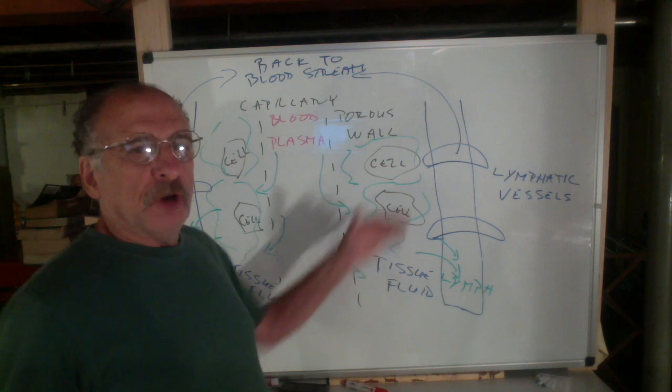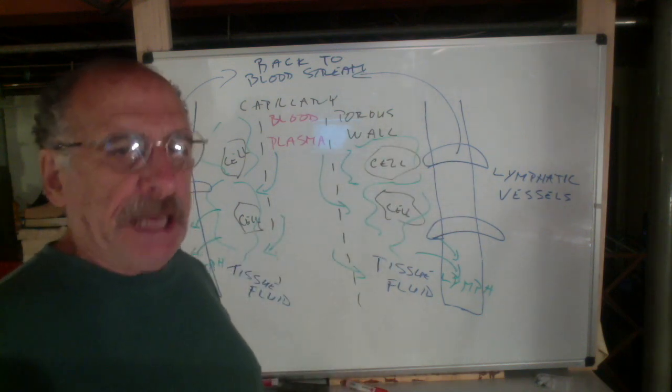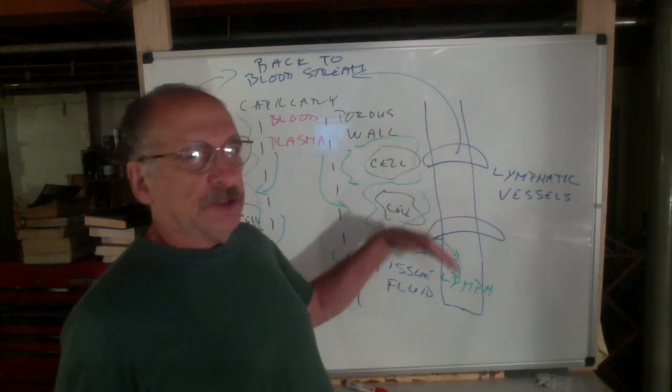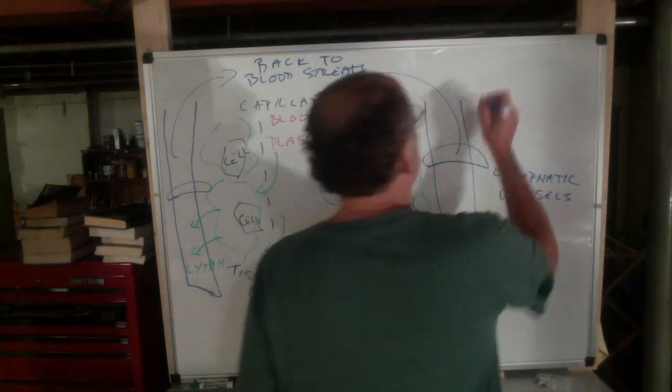Now, all of you know the names of these structures. You might just not realize that that name is referring to these structures. So what are these structures? These structures are called lymph nodes.